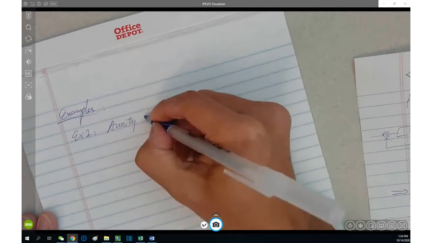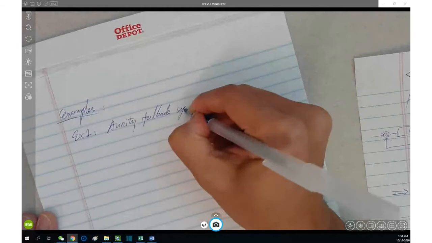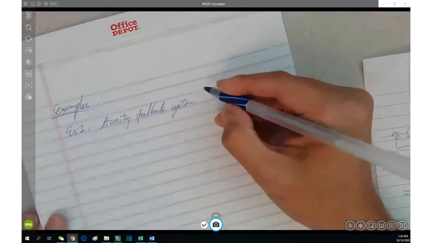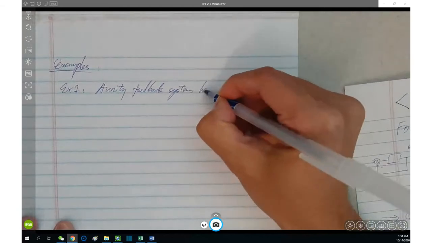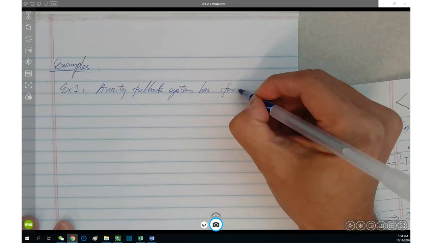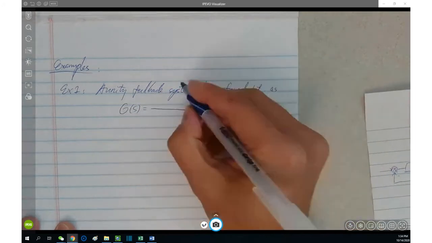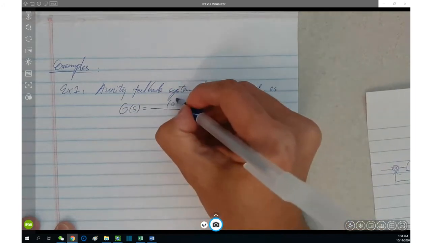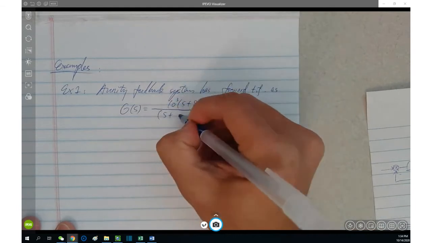A unity feedback system has forward transfer function as this.